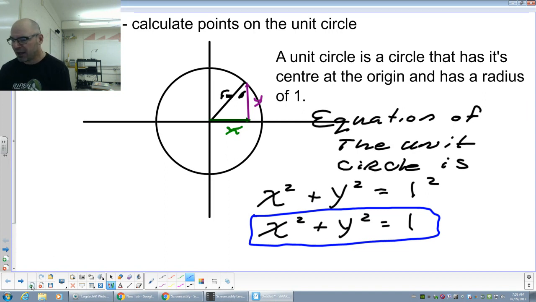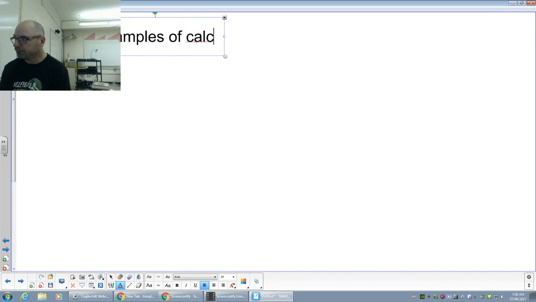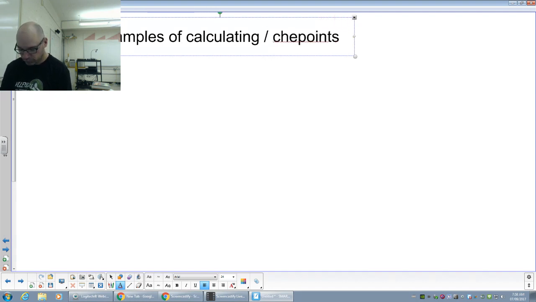So let's go ahead a page, and we're going to look at two different kinds of examples here. Our main title is: these are examples of calculating slash checking points on the unit circle.